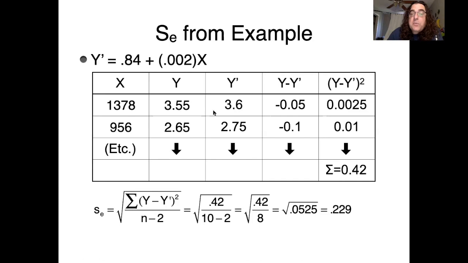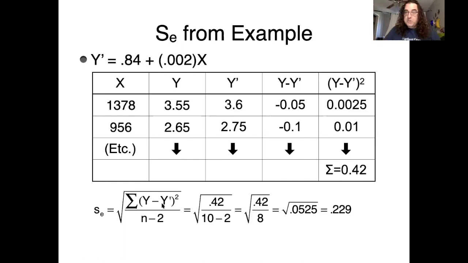That is 3.6. It's not 3.55, that's reality. 3.6 is the guess that we got from our regression equation. Those are pretty close, not going to contribute a lot of error, but when we get the difference between the two, we get a 0.05 difference. When we square it, we get 0.0025. That is the contribution of person 1 to the sum of squares that is at the top of the numerator of this equation underneath the square root.